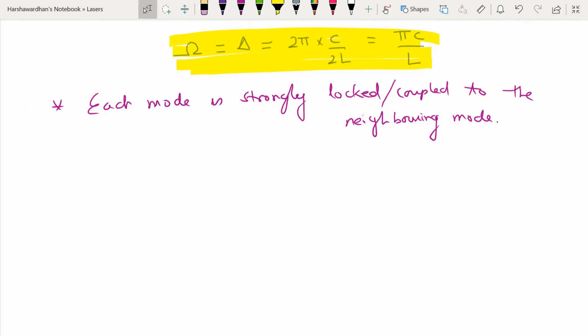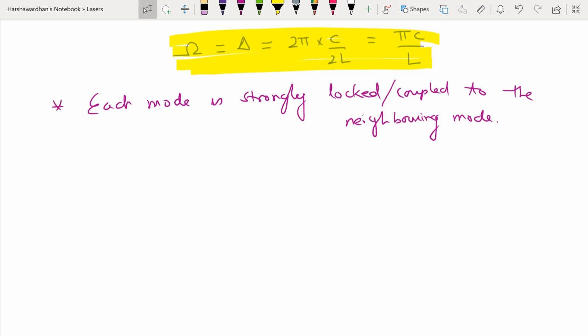So what we are doing is you have got these modes. The modes are of different strengths. So imagine if I can modulate the loss of my cavity. Remember that the modes that oscillate are the ones where gain is equal to the gain threshold, which is the loss.